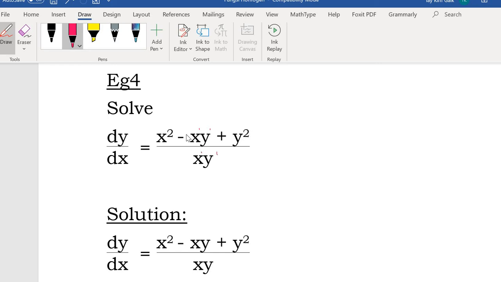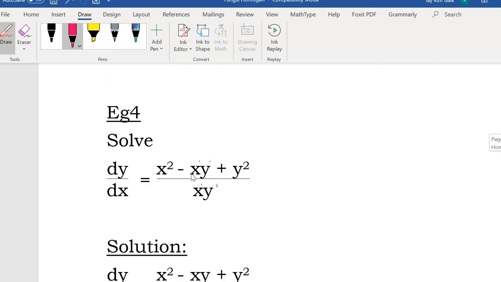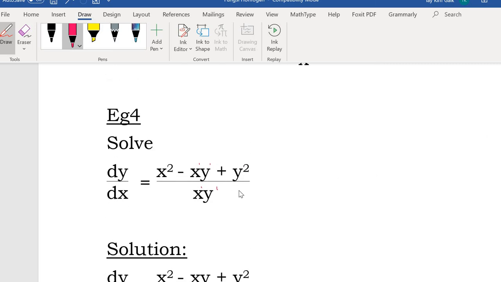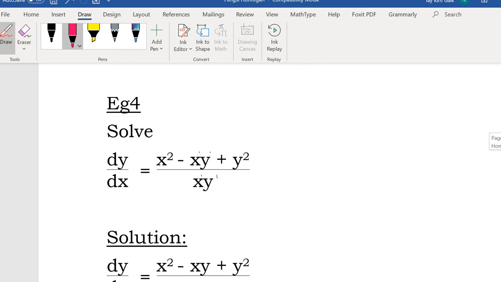So in the rational form, the power can be simplified. You can prove that f(lambda x, lambda y) equals lambda power 0 f(x,y). This is the quick shortcut way. I can conclude this is a homogeneous equation.